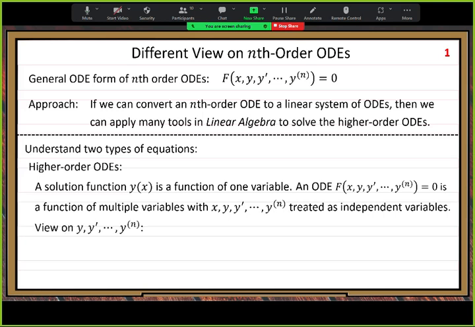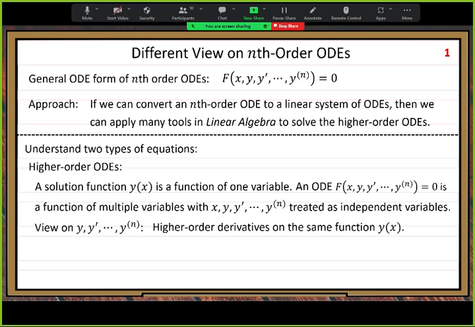Now let's look at the original solution function y. There are various orders of derivatives, all possible derivatives of the y function.